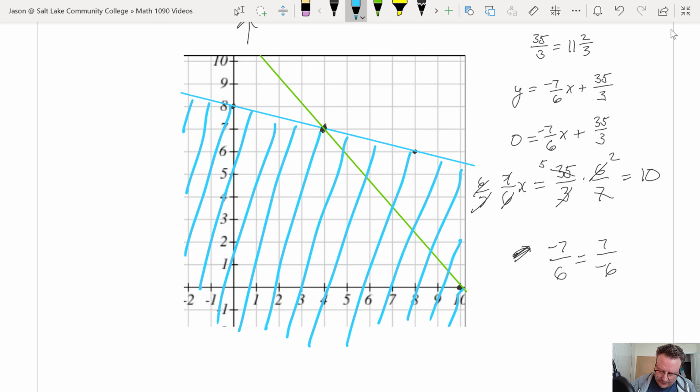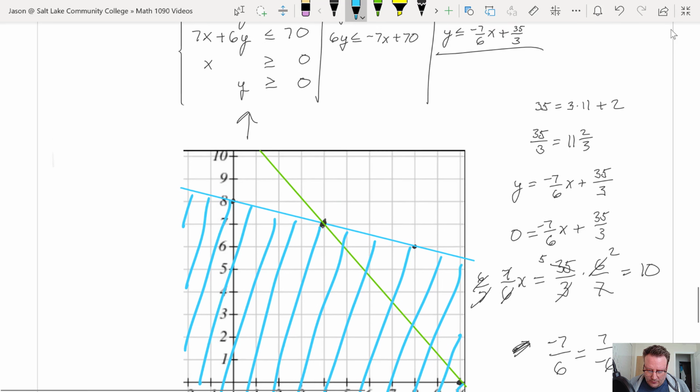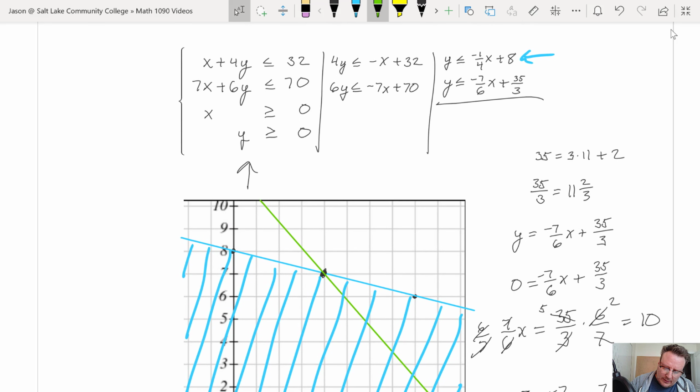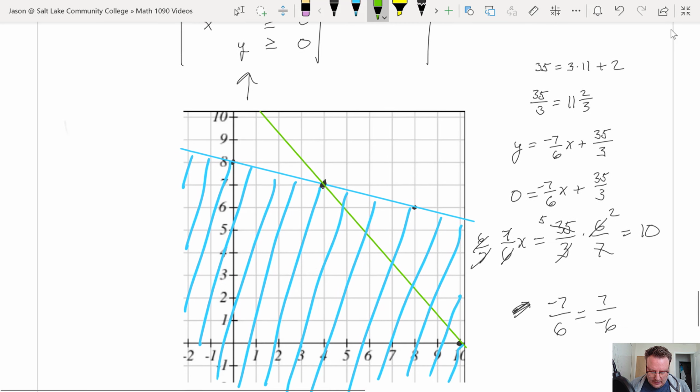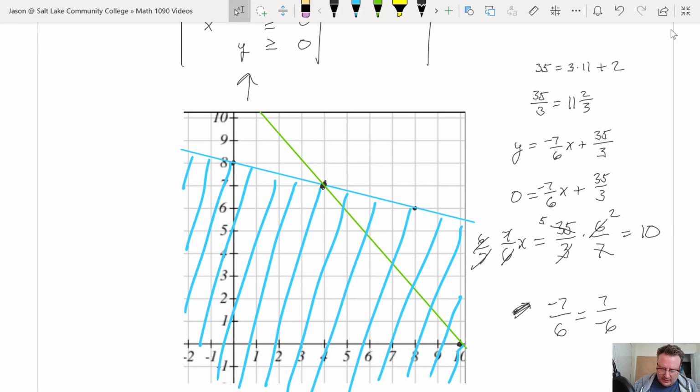Good enough. What about the green inequality here? Does 0, 0 satisfy that? Is 0 less than or equal to 35/3? Yes, indeed it is. So we want everything below this. So maybe something like this.